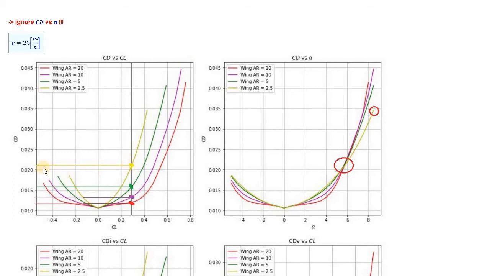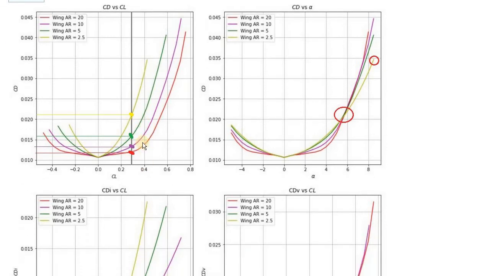The highest drag is for the wing with aspect ratio 2.5, then we have a bit smaller drag, and the minimum drag is for the wing of aspect ratio 20. So this is totally expected. The long wing definitely wins this competition.